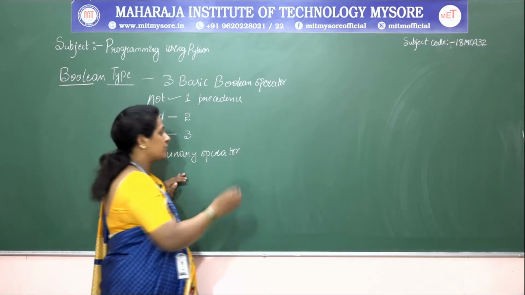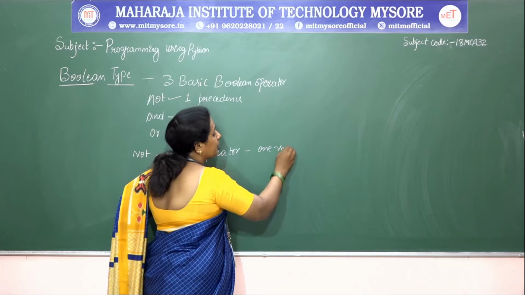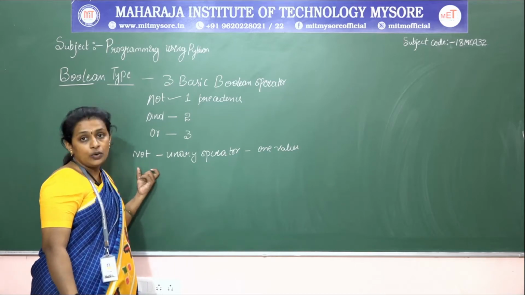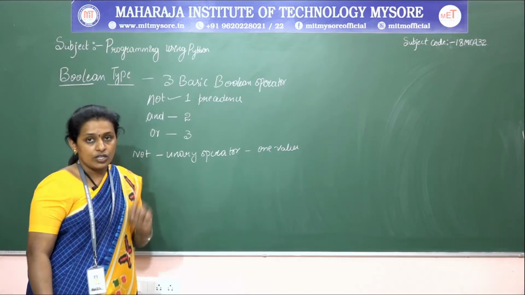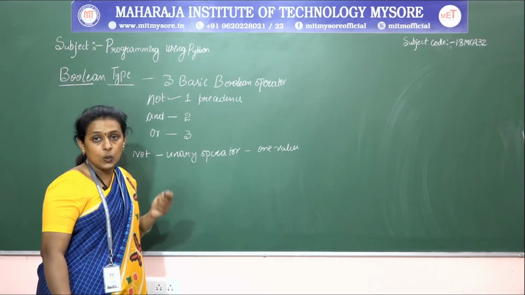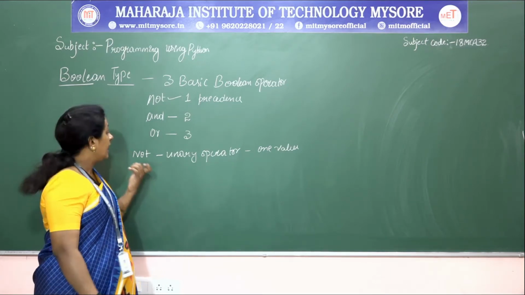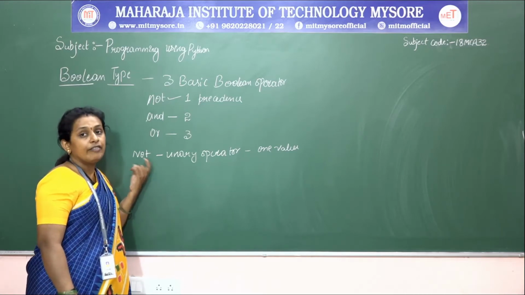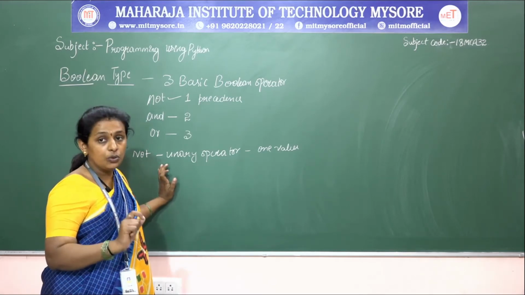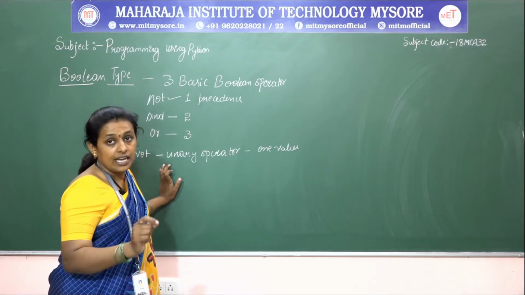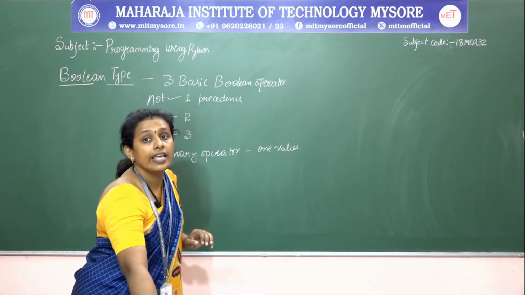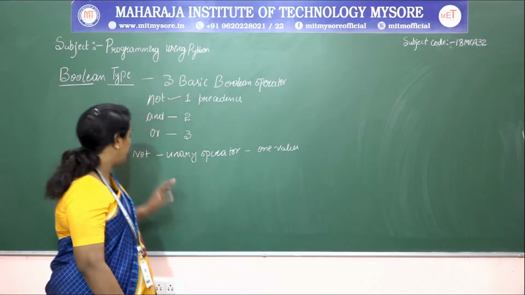When an expression involving not is evaluated, it produces true if the original value is false, and it produces false if the original value is true.